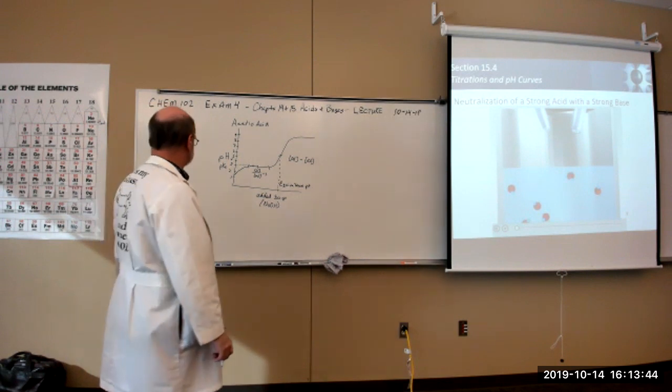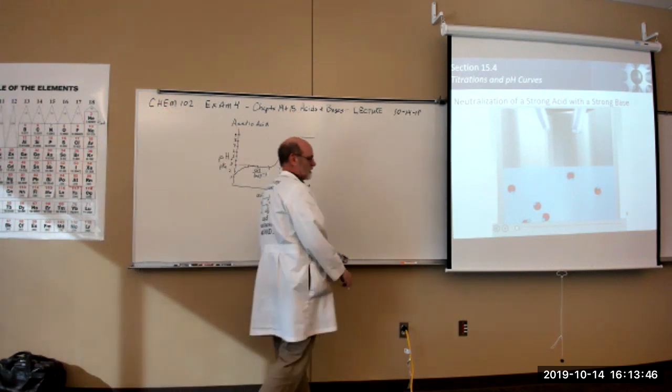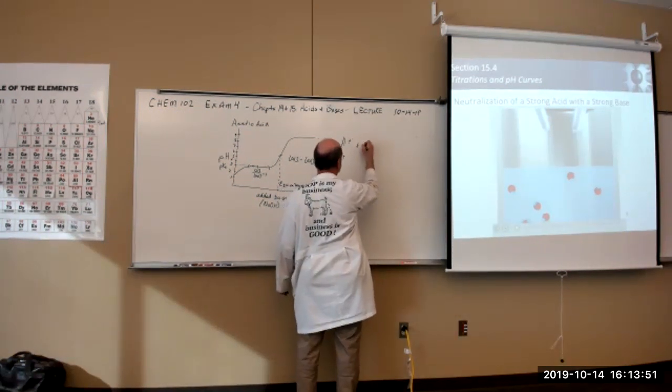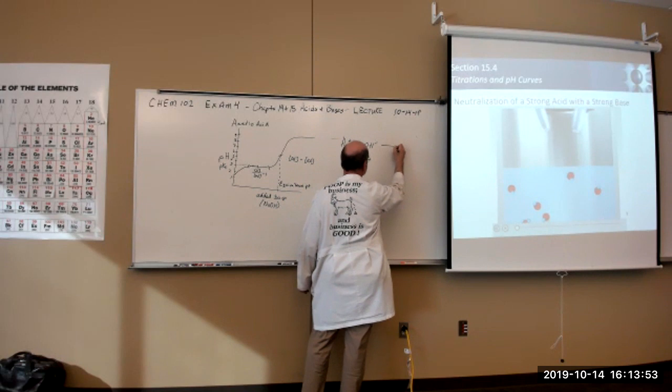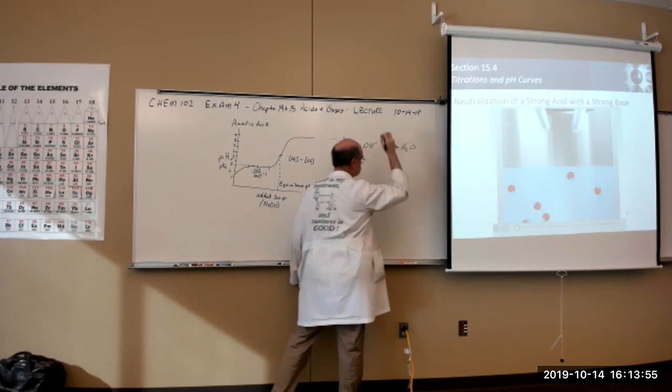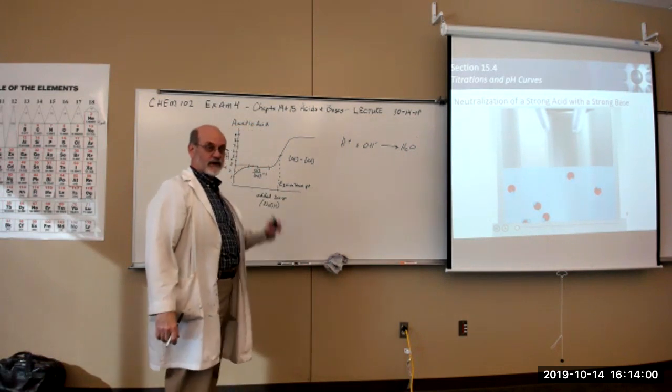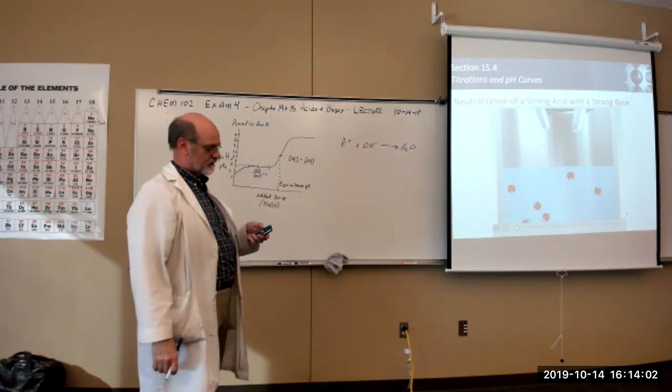So what does that mean? That means that the net ionic equation for an acid-base reaction is this plus this yields that. That's the net ionic equation for every acid-base reaction.